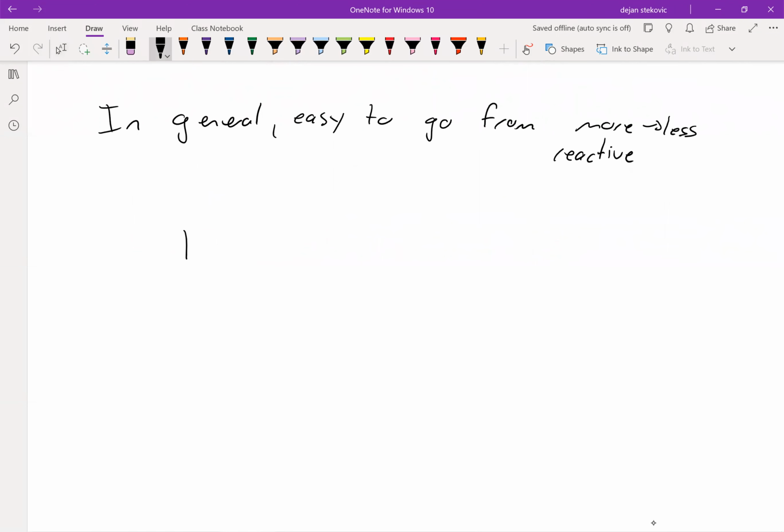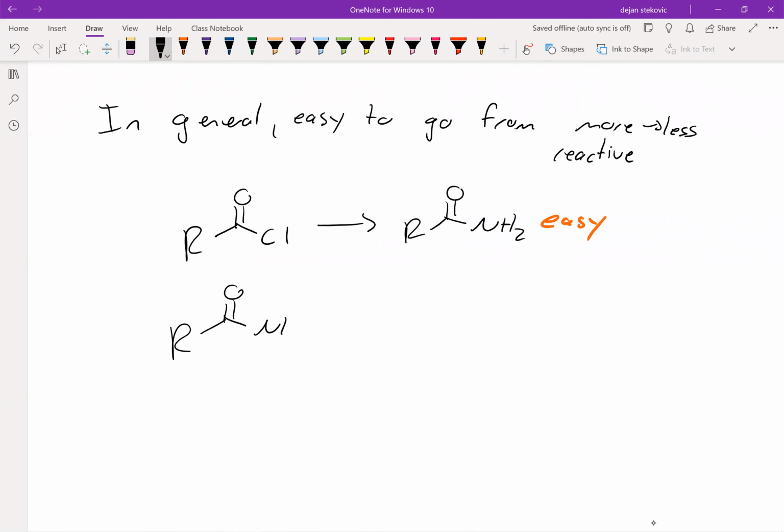Lower potential energy, that kind of thing. And again, that's why acid chlorides are so useful, because we can turn them into pretty much any one of our derivatives very easily, right? So this reaction up here would be easy to do, but doing the reverse would be more difficult, right? So for example, taking an amide, the least reactive, and turning it into an acid chloride would be more difficult because it's the more reactive, right? So it's going to be hard.